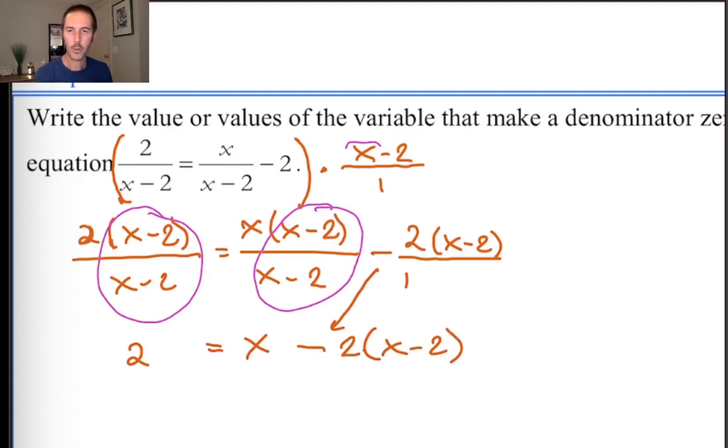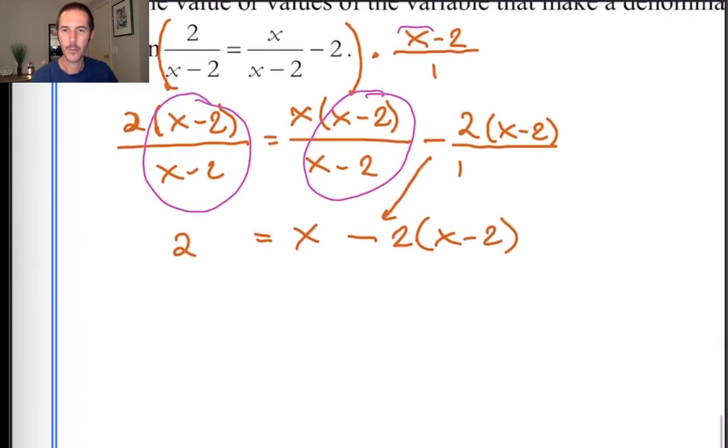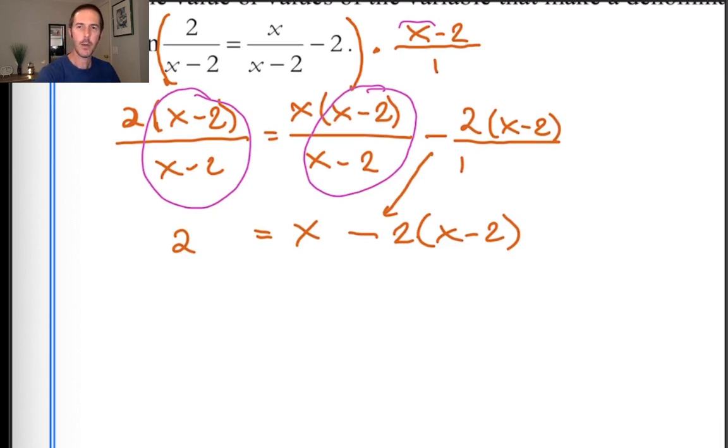Notice also that when I multiplied this x minus 2 into all of my numerators, I put it in parentheses. It might have seemed right when I was doing it, or you're just trusting that I know what I'm talking about. But now you can see the actual utility of it, because the next thing I'm going to do is distribute.